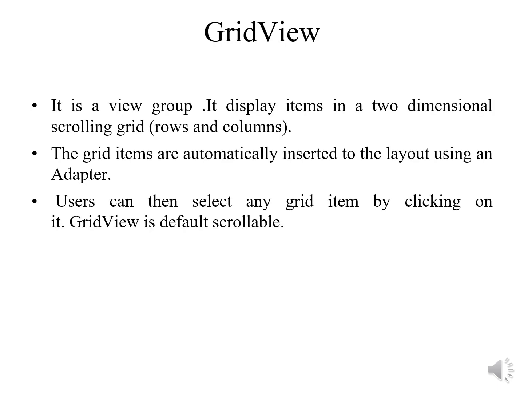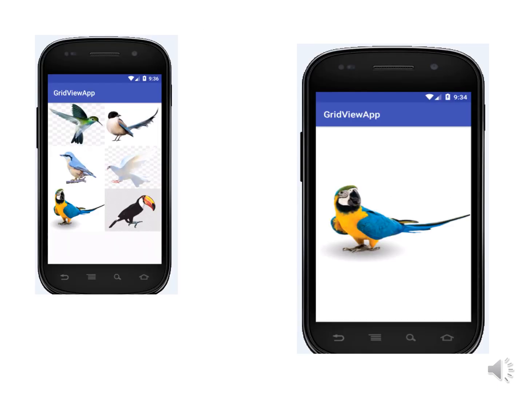Next, we can see what is meant by a grid view. Grid view is another user interface element which can store items in a grid-like architecture, that is in rows and columns. An example for an application which used grid view is a gallery application. When you open a gallery application, what you will find is a list of photos arranged in rows and columns. Here you can see a sample application where you can see something like a gallery.